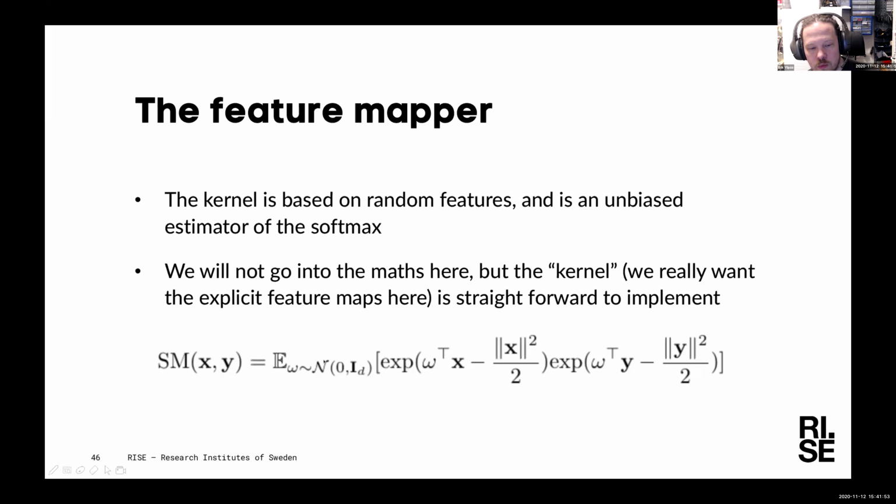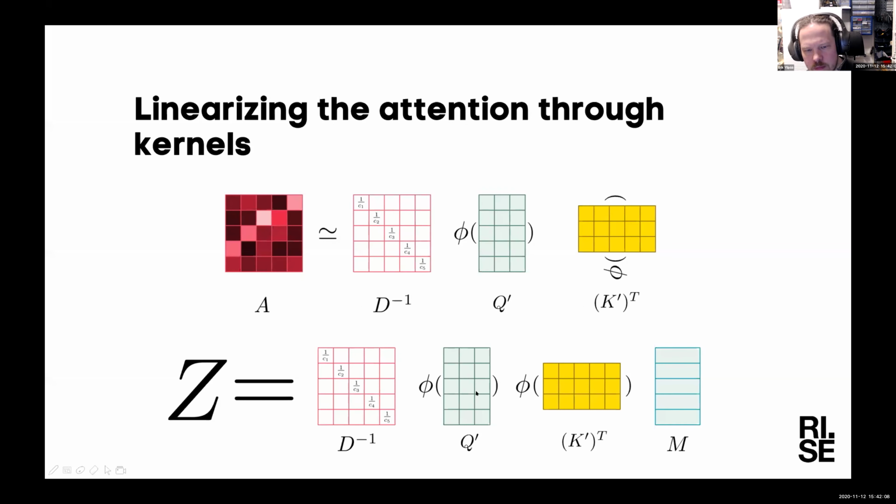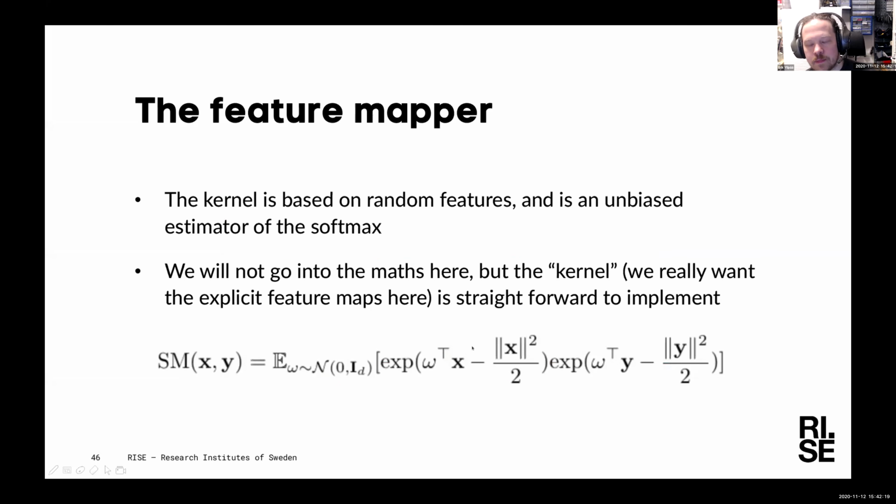With an increasing number of these omegas we draw, we get better approximations of this softmax value. In particular, this corresponds to something we can decompose, like here. I should say these phi's, think of them as acting on the rows of this matrix, so that we create new matrices. I'm not going into much detail there. This is kind of hand-wavy, and I'll gloss over it.